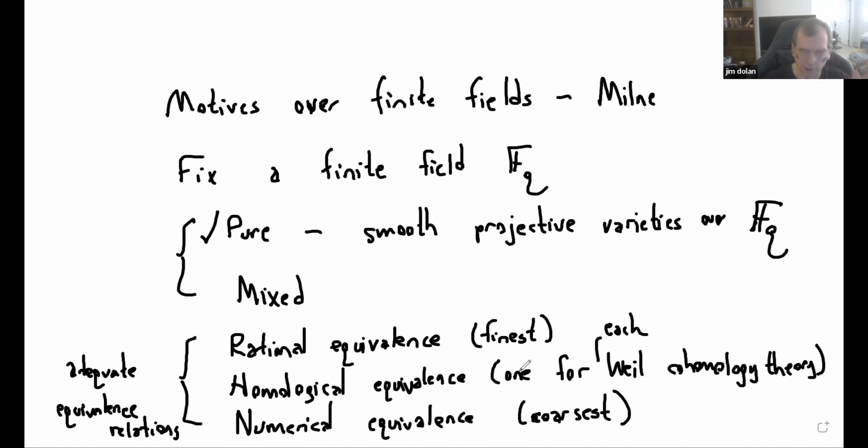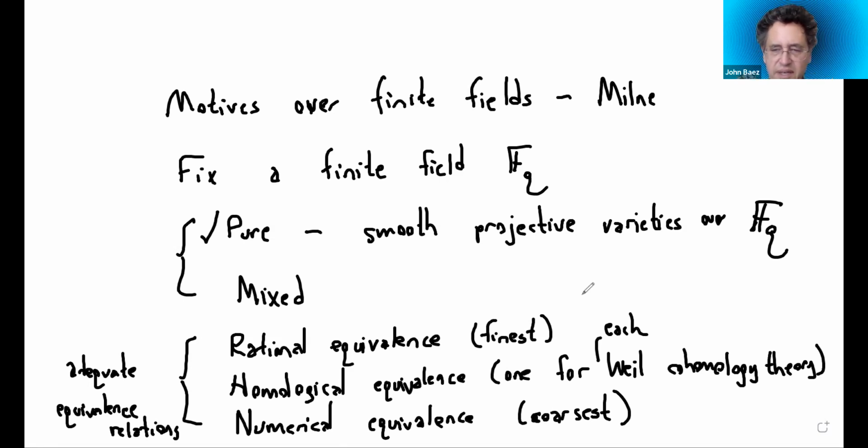Sorry, I somehow missed something. What are you talking about, this intersection? I'm trying to define numerical equivalence. Oh, trying to define numerical equivalence for me. Yeah. So I'm reminding you that you can talk about an intersection number of two subvarieties under certain circumstances.